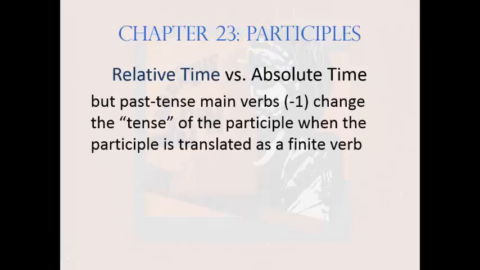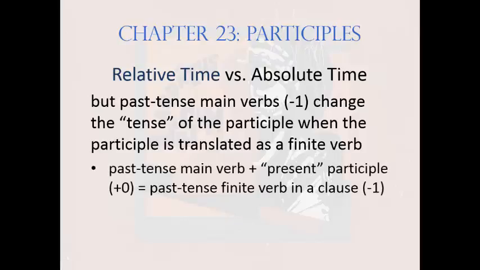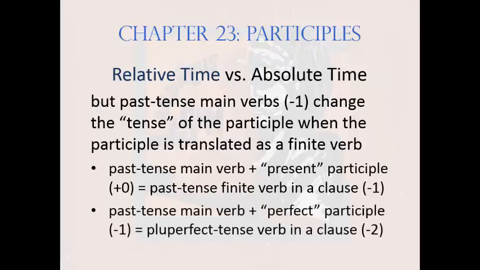But past tense main verbs do cause problems in moving between relative and absolute time. Their -1 time value shifts everything back one step into the past. With a past tense main verb, present participles happen in the past, -1. Perfect participles happen in the pluperfect, -2.